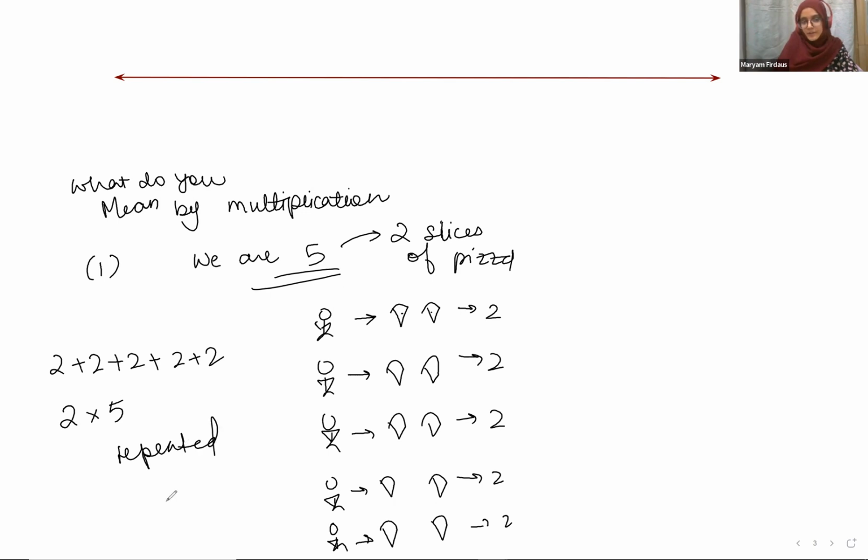Have you heard this somewhere? Yeah. Okay, so it is repeated addition. So now let's say I want to multiply 3 into 4.